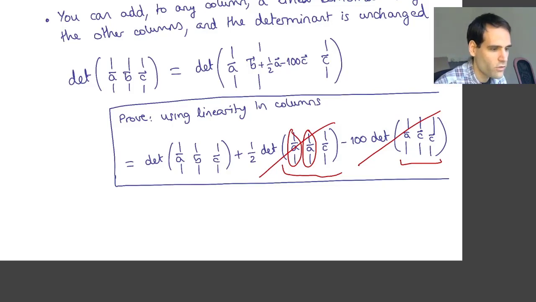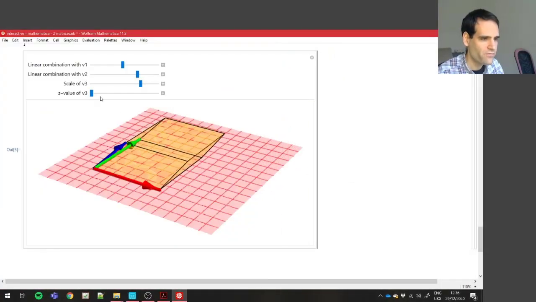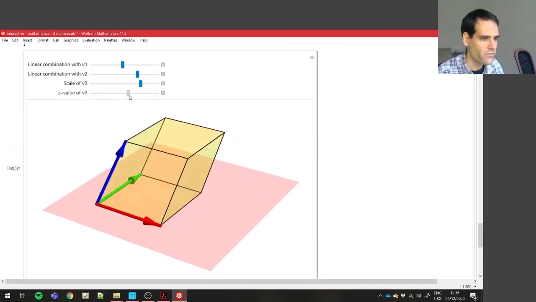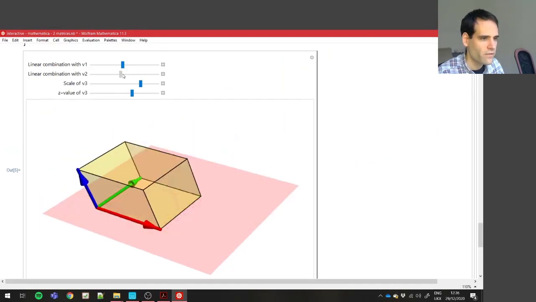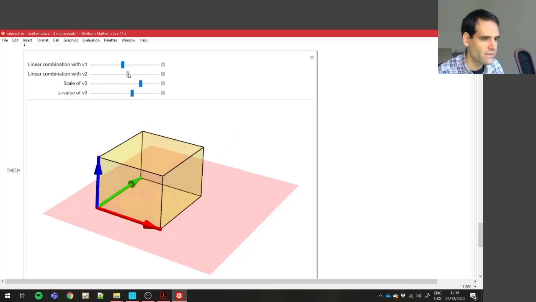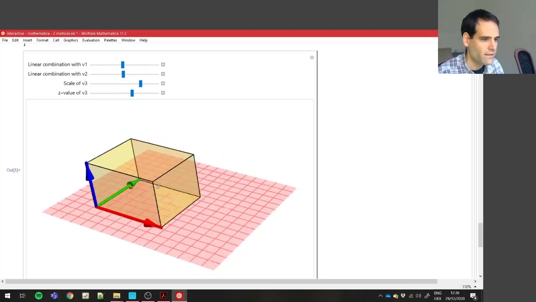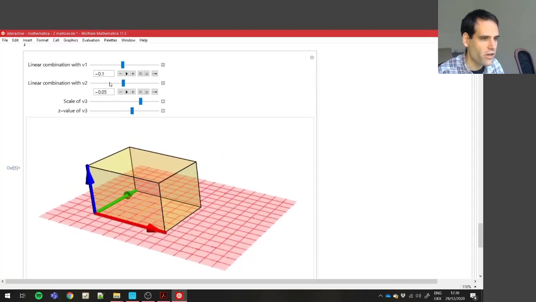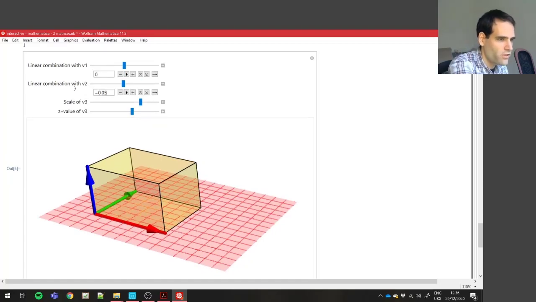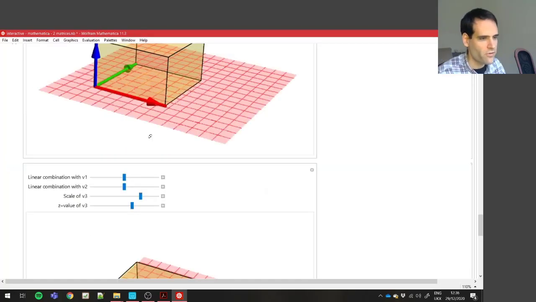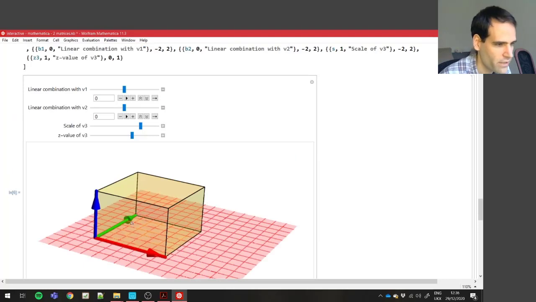I can also give you a visual proof. So let's go back to the screen share, to this applet. So we have three vectors, yeah? Let's say that the three vectors start as independent from each other. So let me make them independent of each other. So they form right angles with each other, okay?